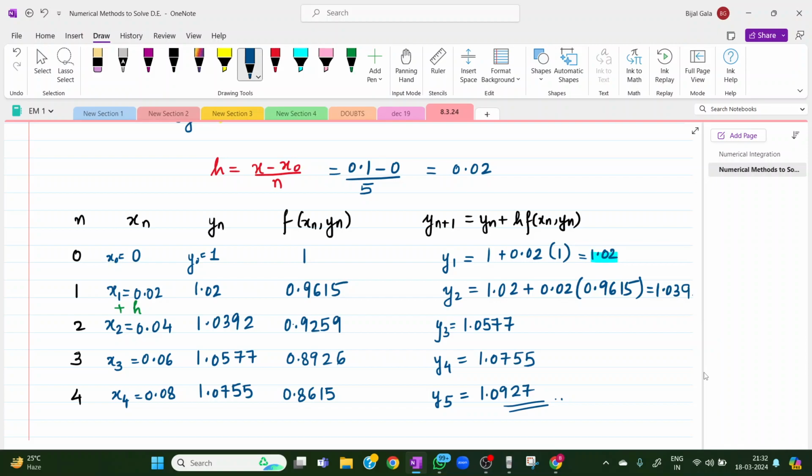Now, if this is clear, we'll move on to the next method, that is the Euler's modified method, which is also known as the Runge-Kutta method of second order. Okay. So we'll move to that.